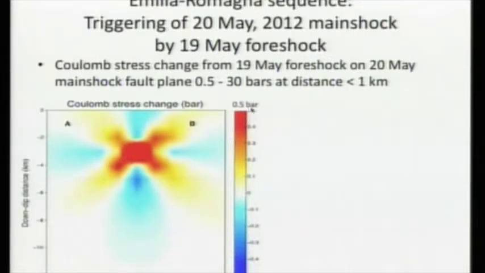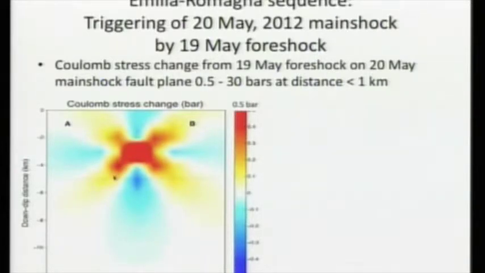This is the plot showing the change in Coulomb stress. What you need to remember is that red values mean that the fault is more likely to fail. Blue values mean that the fault is less likely to fail. So, for example, the plot pins here at half a bar, and within the region where the color scale is saturated, the stresses reach up to 30 bars.